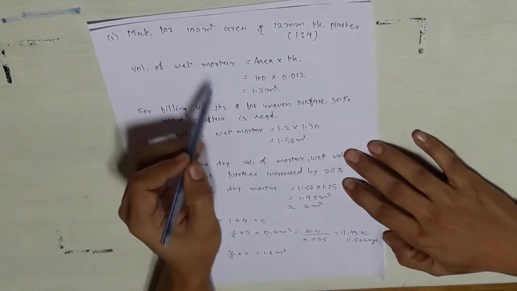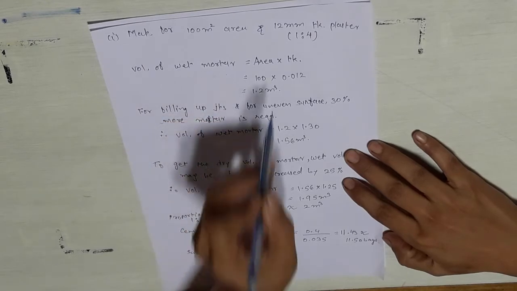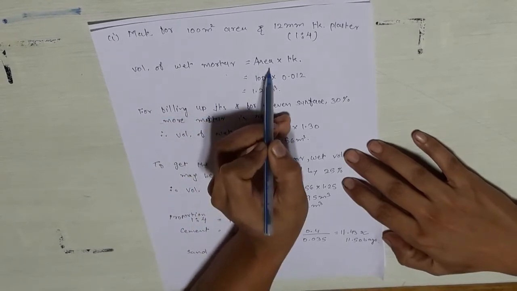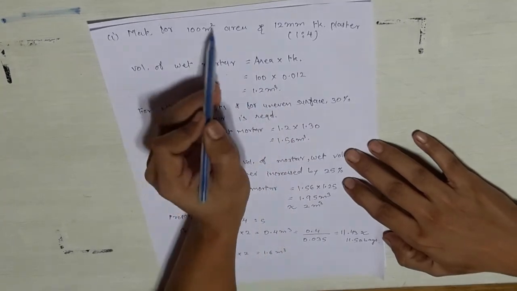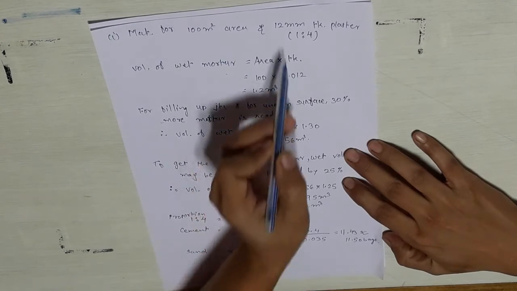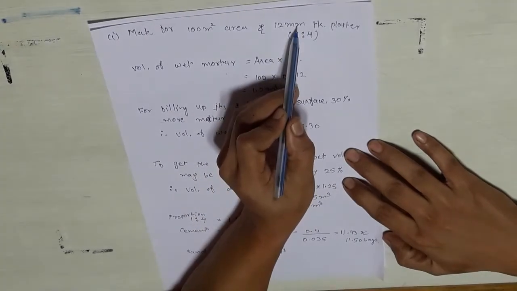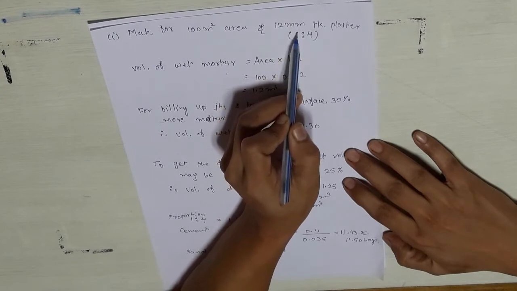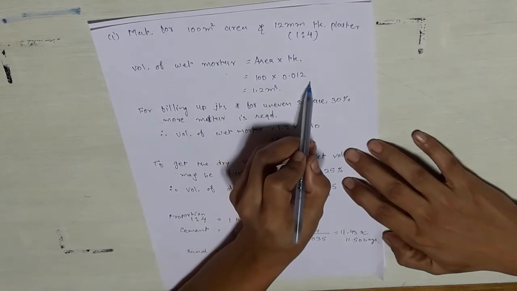First of all we have to find the volume of the wet mortar, which can be found by the formula area into thickness. The area given is 100 meters square, so 100 multiplied by thickness, that is 12 mm. This thickness is in mm, so we convert it into meter, 0.012.